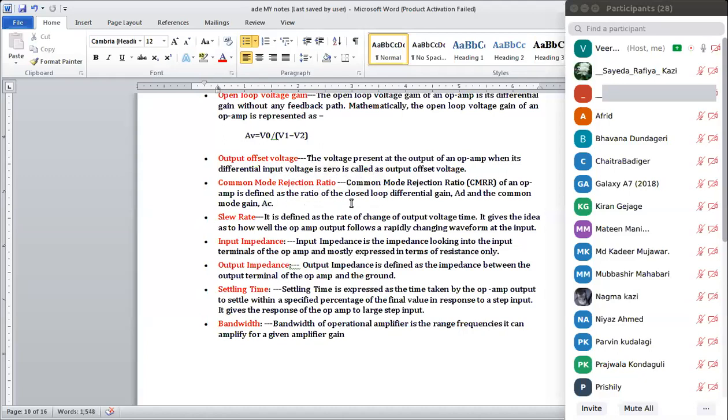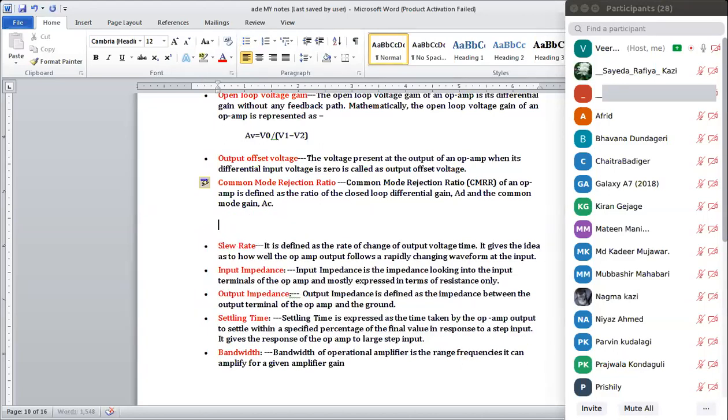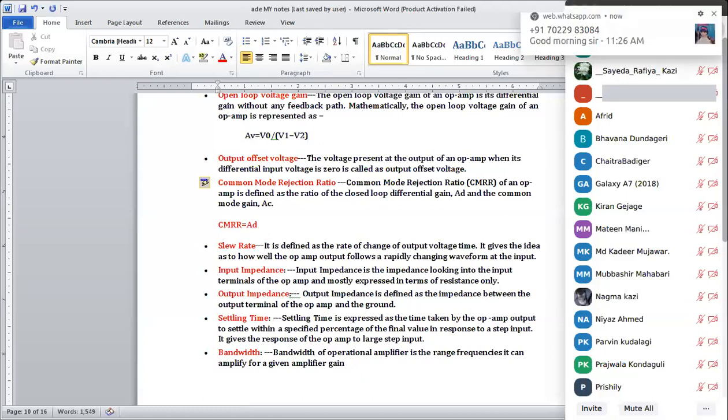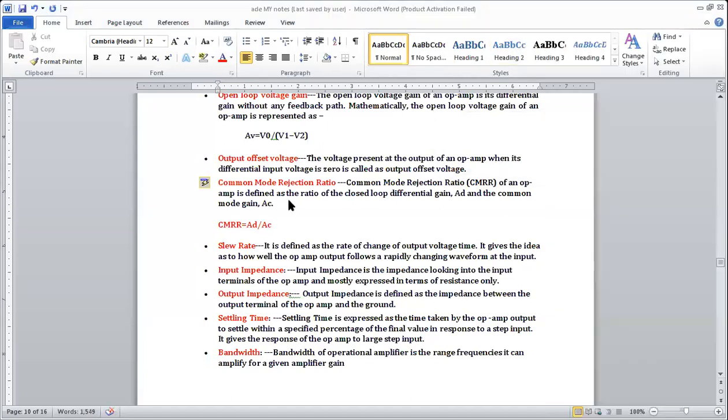This is CMRR. So easily we can write CMRR equals AD divided by AC.